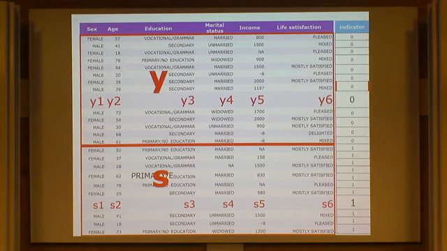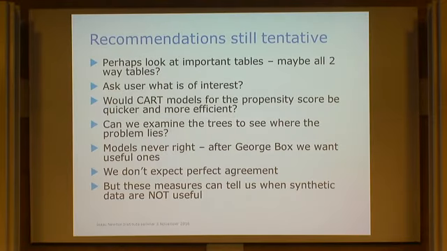Clearly a number of assumptions in there, assuming that in some sense the two models are equivalent, but it does seem to work reasonably well. That's something which we're in the process of implementing in our utility measures in our package. And again, we need to look at it a bit more. So we've got some tentative recommendations.